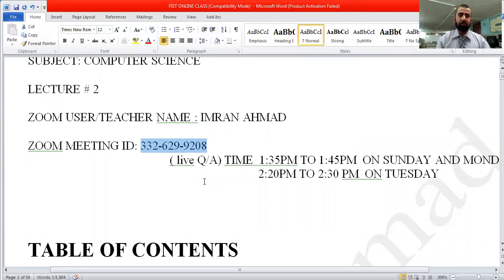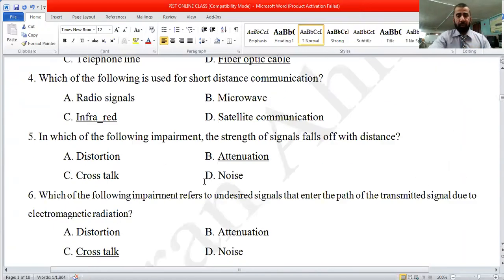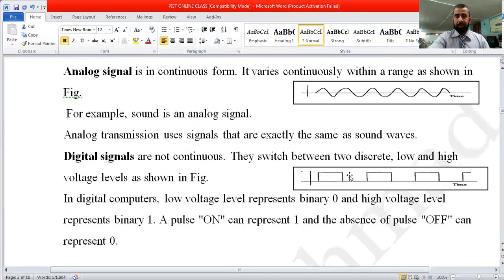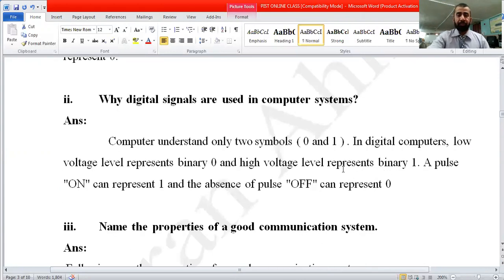First of all, I will revise the previous one which we discussed yesterday. It was: differentiate between analog signals and digital signals. Anything in continuous form is an analog signal, and discrete signals are called digital signals. Second question was why digital signals are used in computer systems.